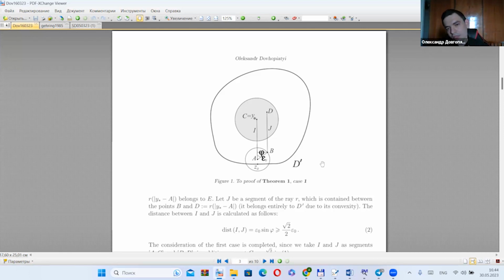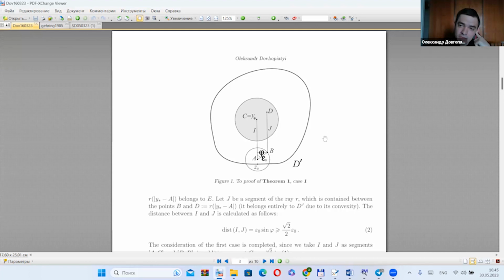And this angle can be more than 3 pi divided by 4. We will call such angles very large. There are exactly these three cases we will discuss separately to prove this theorem.